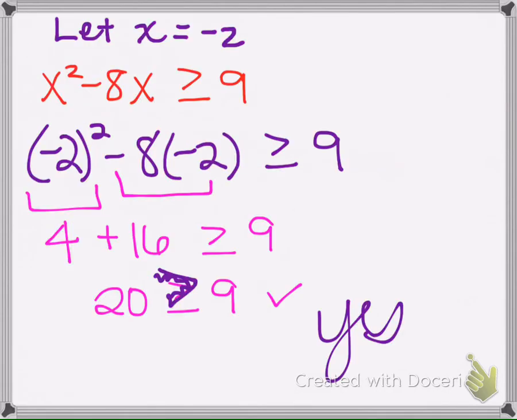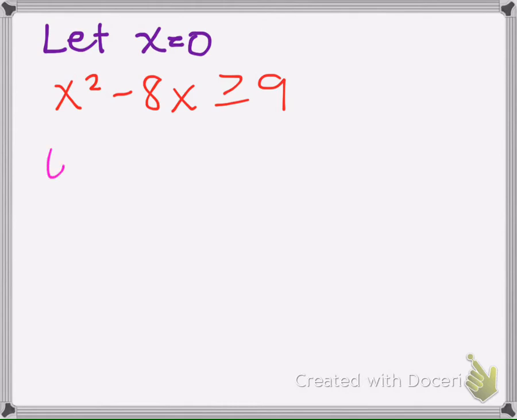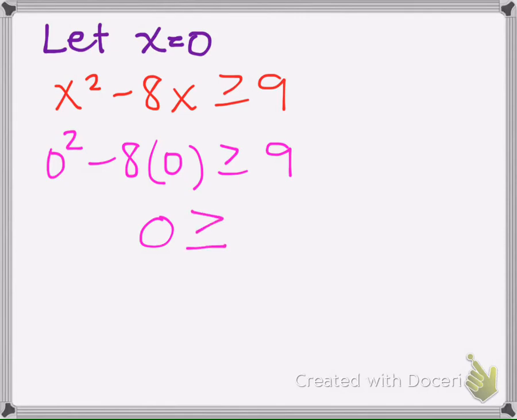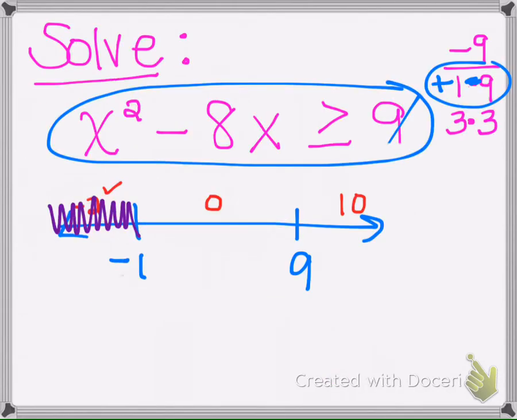Now we need to plug in 0. We would have 0 is greater than 9, which that's no. So that means on our graph, we are not shading in between.